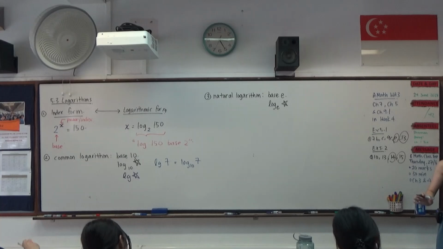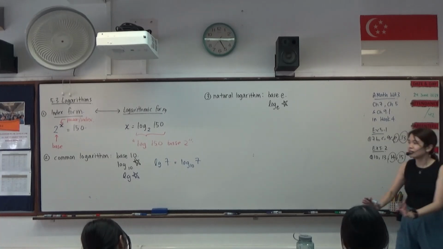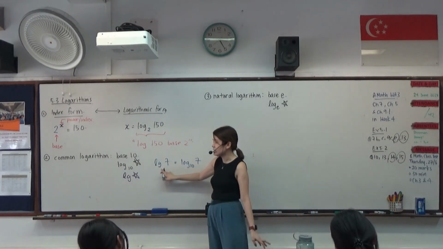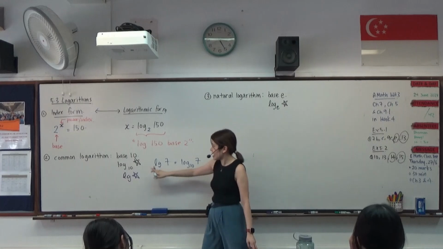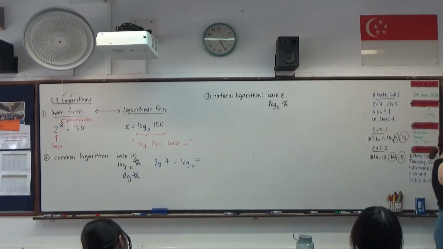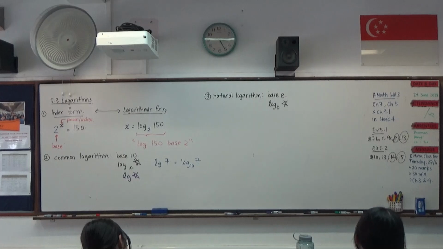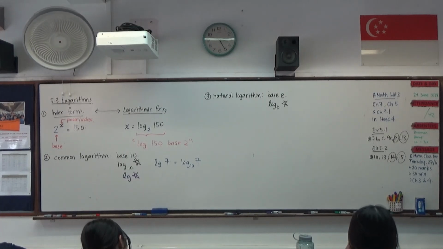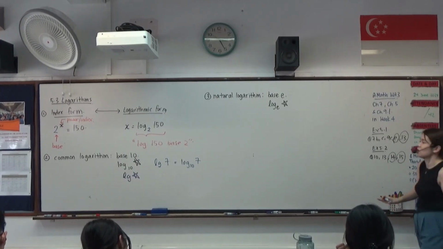It is just the letter L. So it doesn't matter whether you write it as LG like that or you write the L as this. I just have a disclaimer that I myself am inconsistent in the way I write my L.